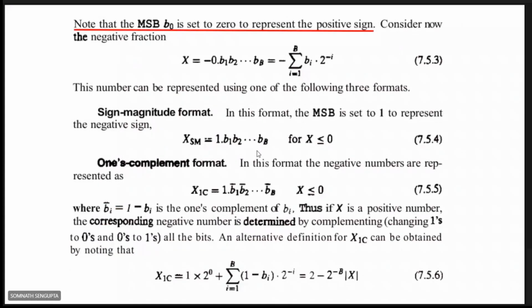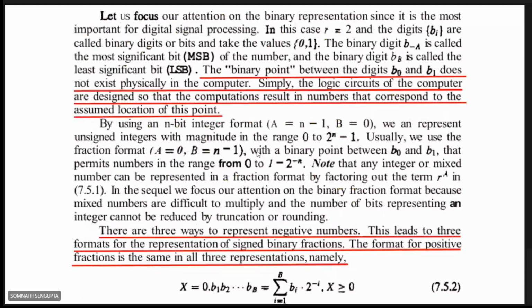So let us see that in those representations, how we represent positive numbers. A positive number is represented with 0 at the beginning, like 0 point b1 b2 up to a certain length.